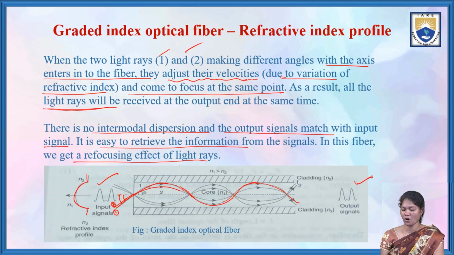There is no mismatch here, so all the light rays which enter the core with different angles come at the same time without intermodal dispersion, so that we can retrieve the data from the signals. So we get a refocusing effect of light rays in the graded index optical fiber.